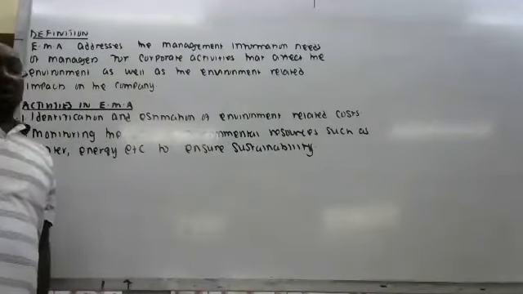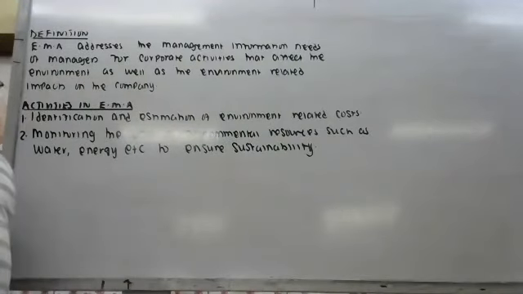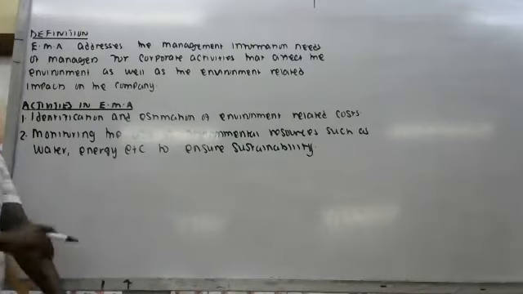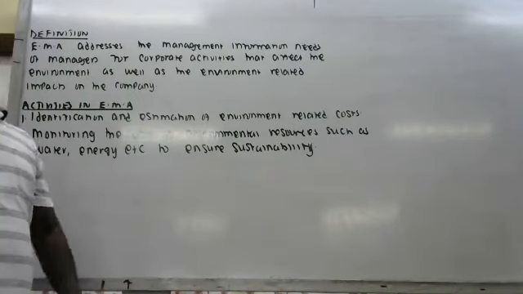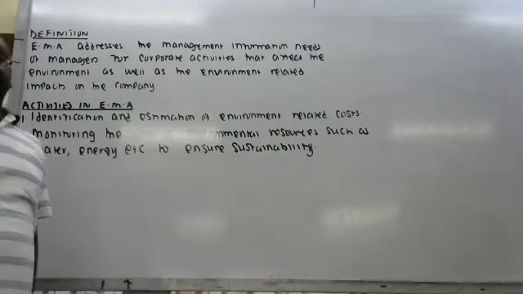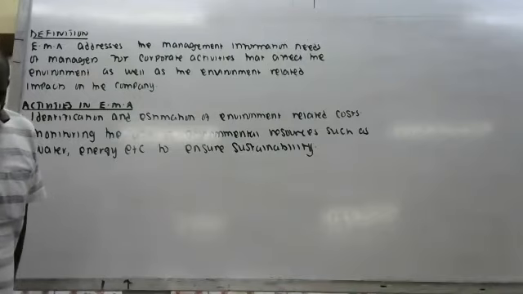So it's like what I was telling you when you are using water in your house. You need to ensure there is proper use of those resources, like use of energy saving bulbs.